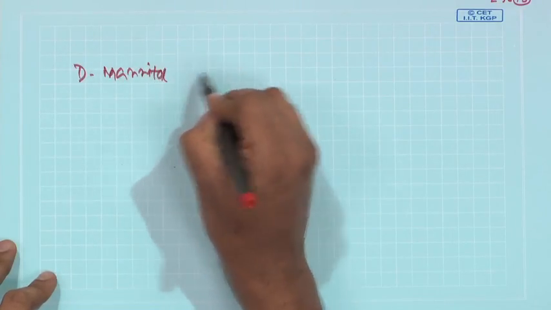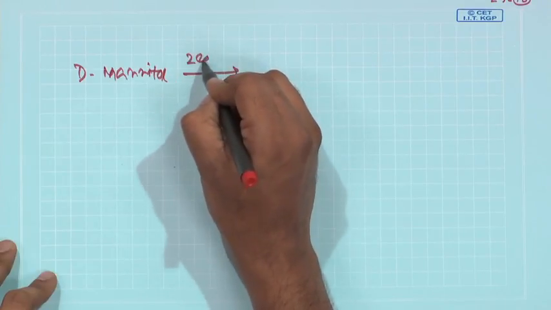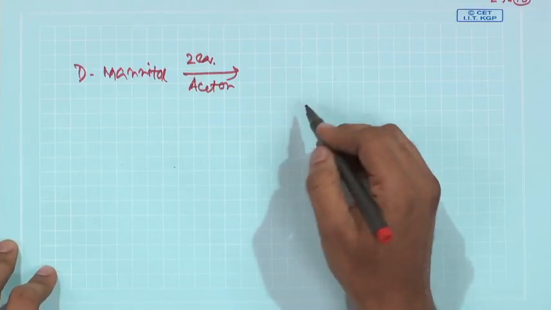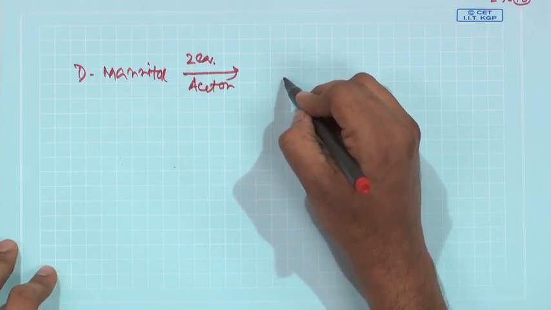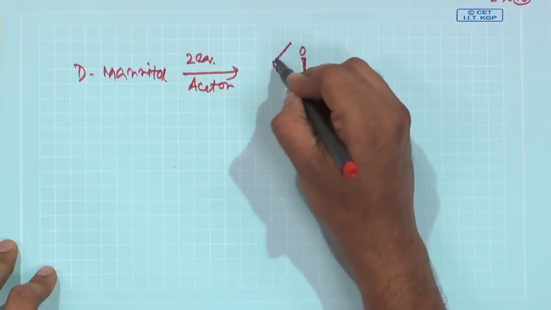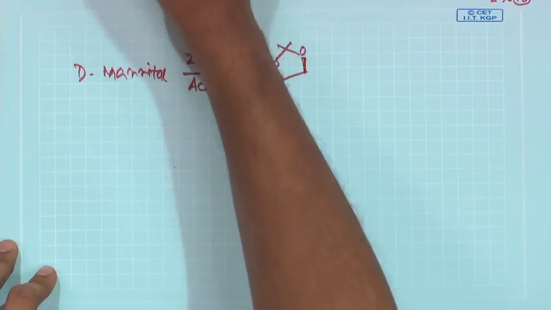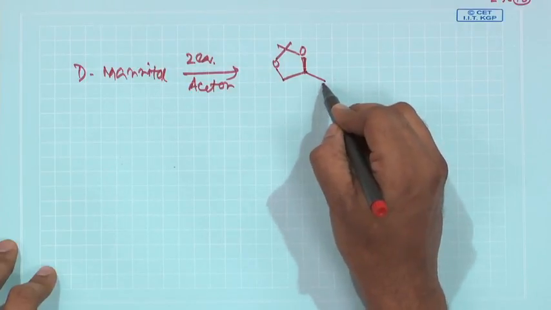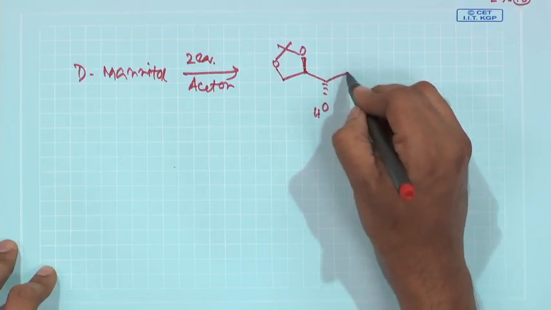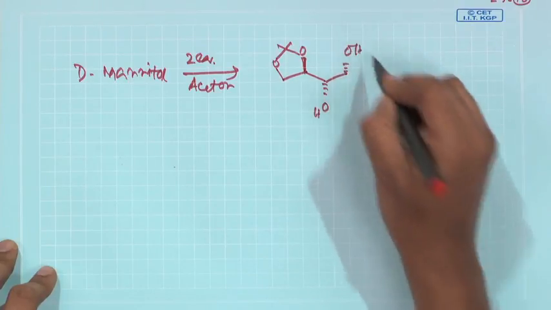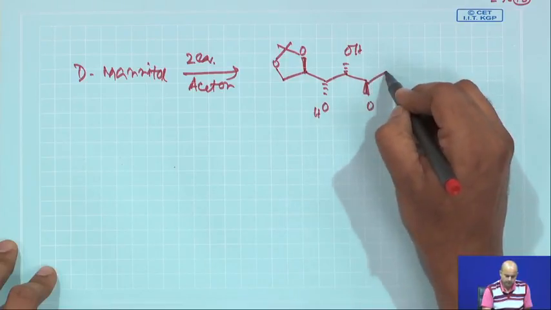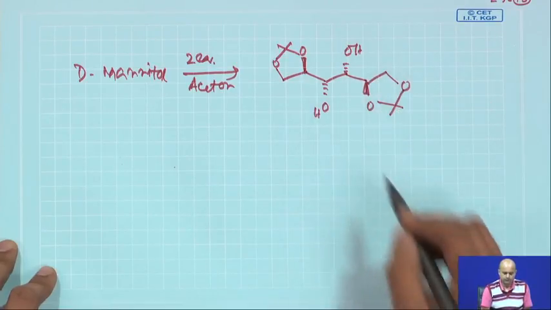If you react D-mannitol with 2 equivalents of acetone, you will initially get the acetonide protected compound, and normally the 1,2-diol will react, keeping the 3,4-diol free. So, initially you will get this compound.